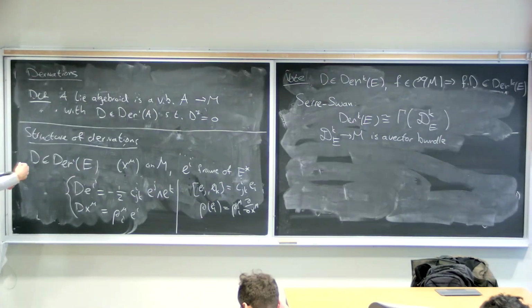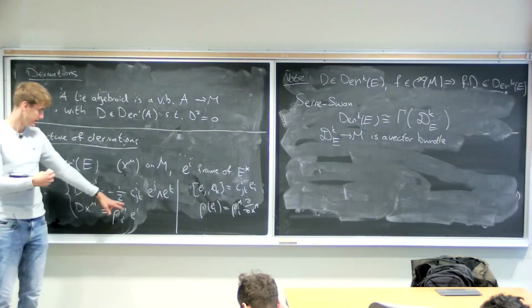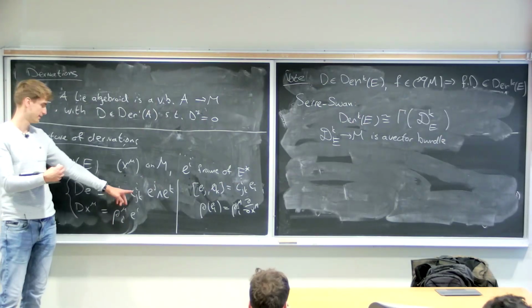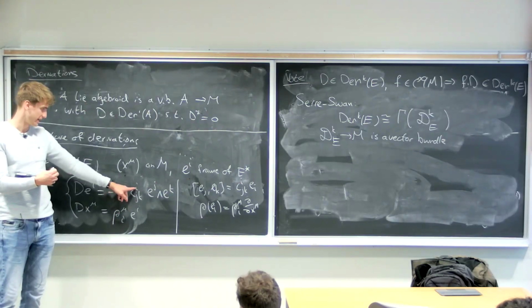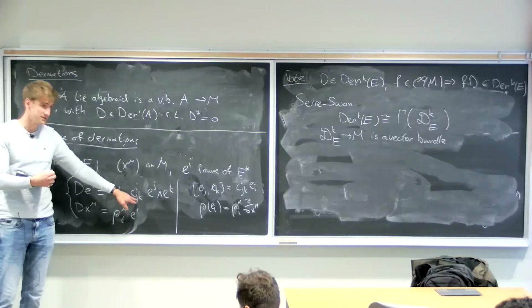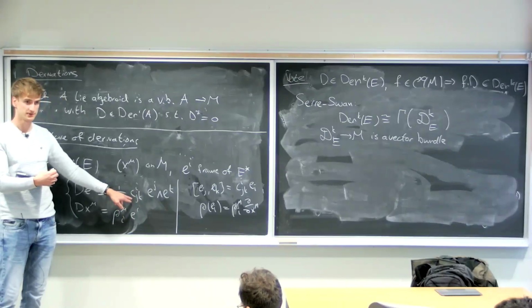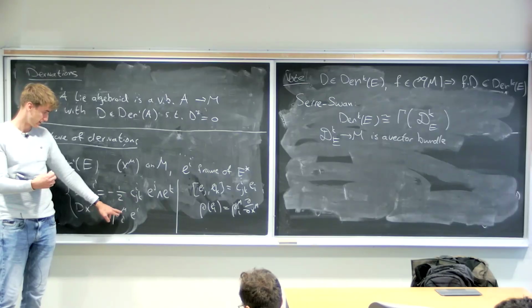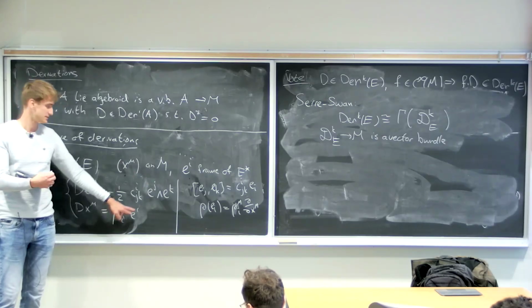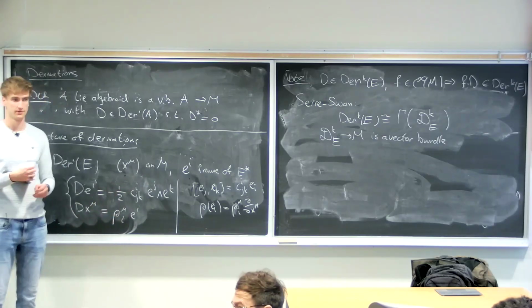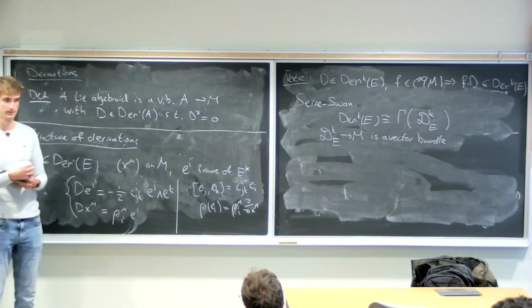You can count the rank of this vector bundle by looking at the number of independent directions in your choice of functions over here. So here it's like n directions, and these coefficients have to be skew symmetric. So there's an n choose 2, and you have to add the dimension of M and another set of n. So from this, you can read off the rank of the vector bundle.